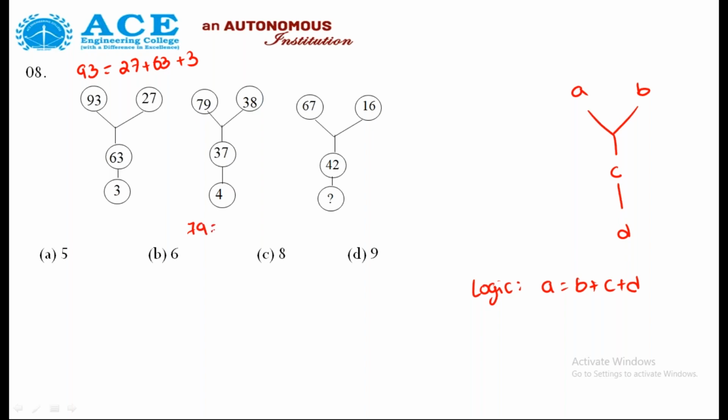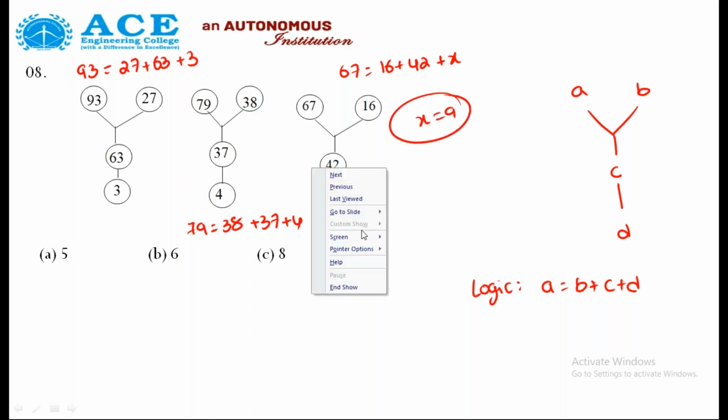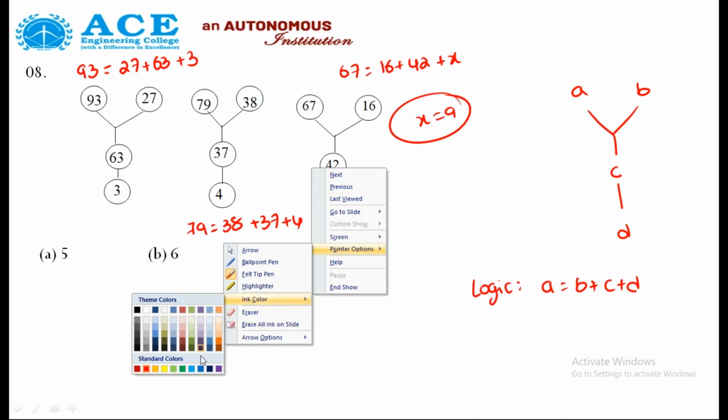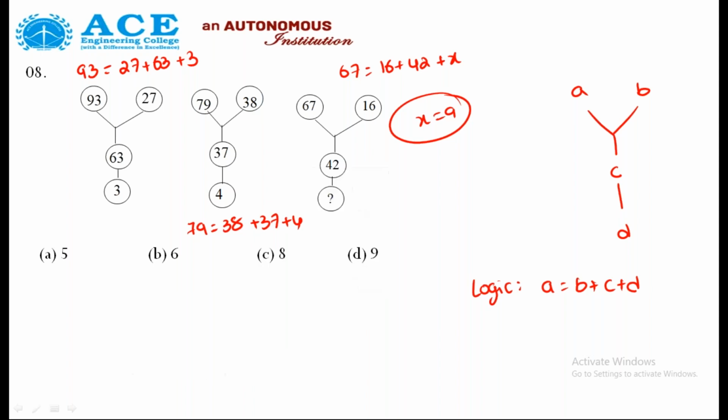Whereas 79 is 38 plus 37 plus 4. And here 67 is 16 plus 42 plus something x. So x is nothing but equal to 9. The x value is nothing but 9, my dear friends. Got it? Fine. So let's move to the next question.